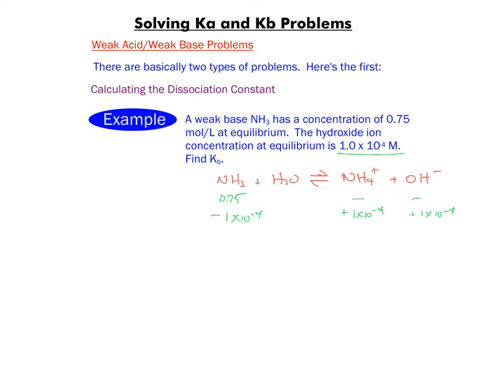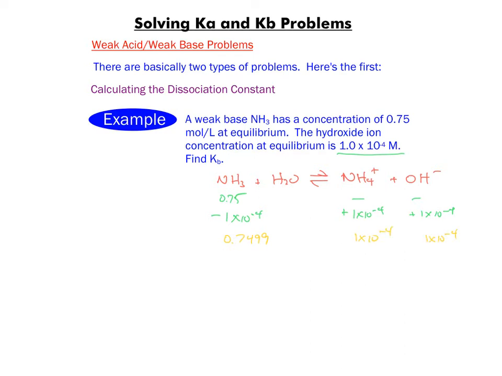Well, it's going to give us 0.7499, and this is going to be 1 times 10 to the negative 4, 1 times 10 to the negative 4.